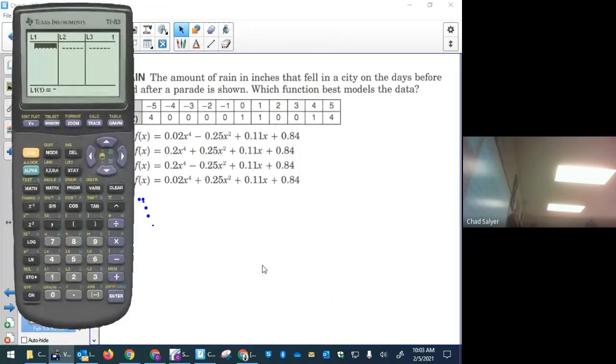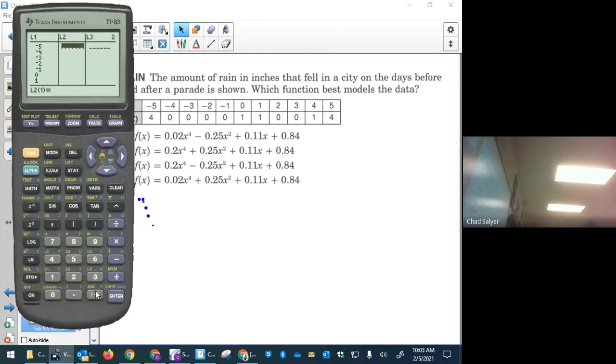So that's -5, -4, -3, -2, -1, and then 0, 1, 2, 3, 4, 5.